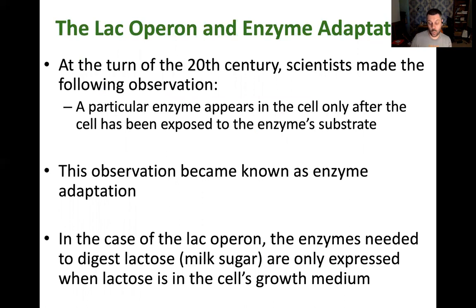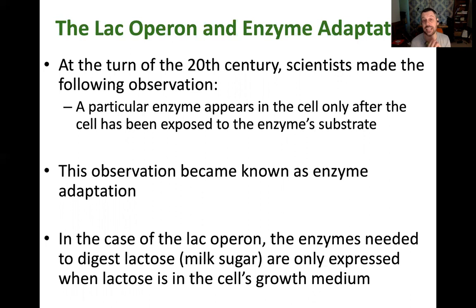So what we're going to do in the rest of this lecture and the entirety of the next lecture is examine the Lac Operon and what it does. At the start of the 20th century, the observation was made that in bacteria, if a cell needs a particular enzyme, then that enzyme all of a sudden appears when its substrate is presented to the cell.